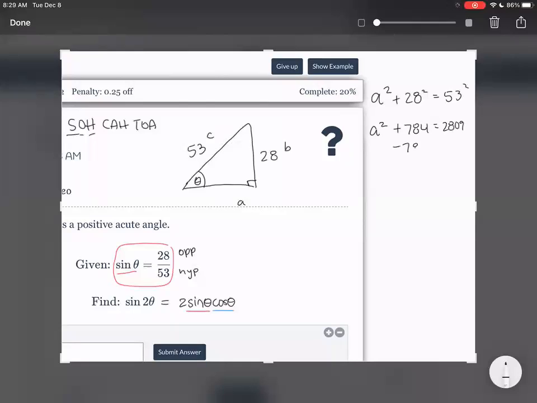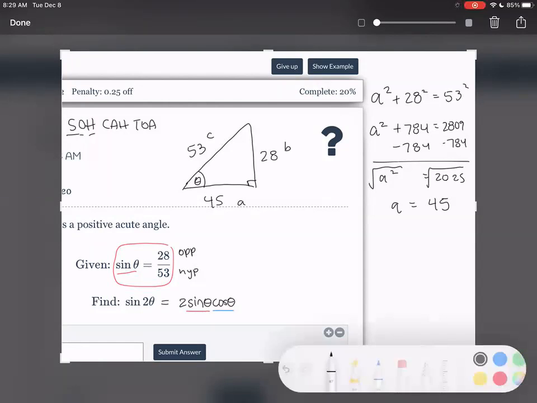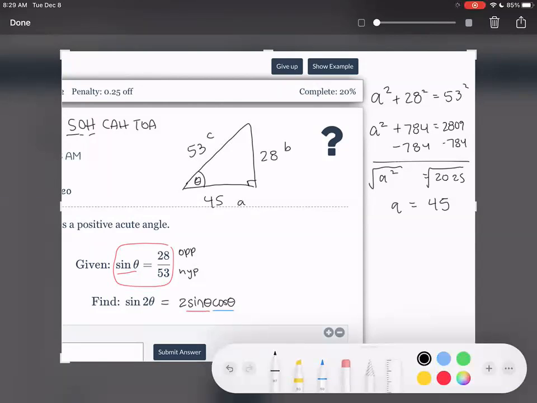We're going to subtract that 784. Okay, so we got that A is 45. We put that over there as our missing side, which is great. So now that we have all three sides of our triangle labeled, we can now find the cosine, which is what we wanted earlier, right?